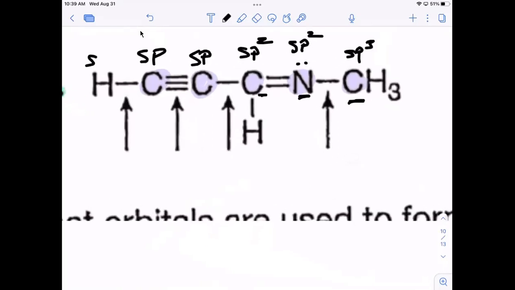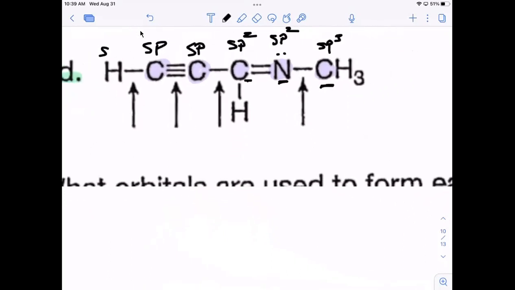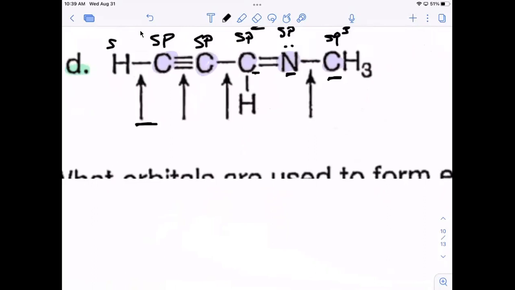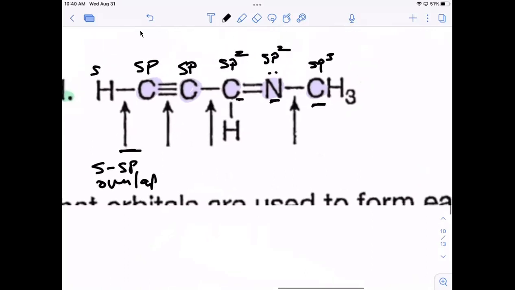So now let's go back. It's asking, let's start here. What's overlapping there? This carbon is bonded to hydrogen. Is that right? s and sp. Good. Excellent. So it's s, sp overlap. What about on this end down here? That carbon is sp3. The nitrogen is sp2.